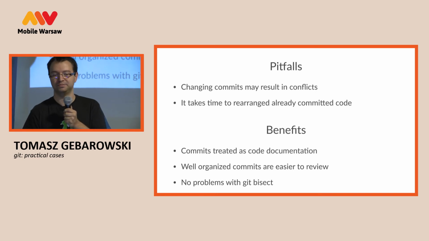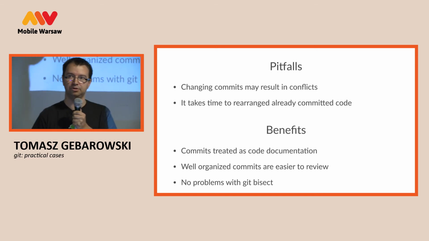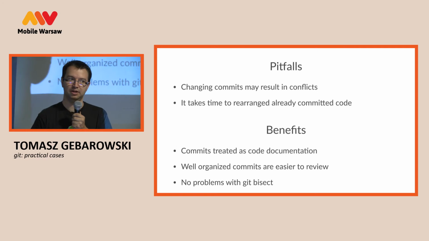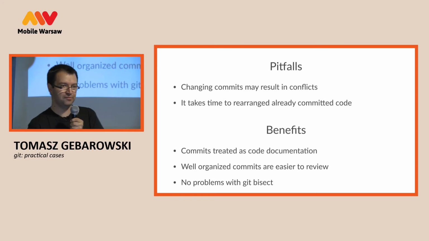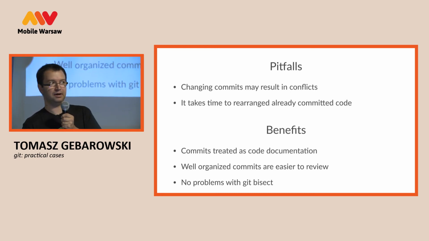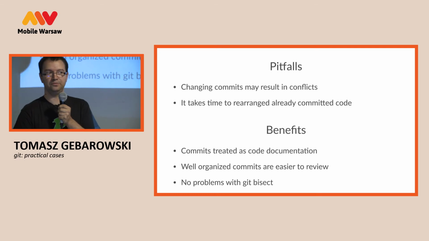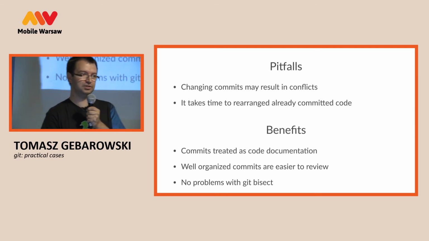update the comments. And when you treat Git history as a way of documenting source code, then when you blame something or when you display some information which is stored in the Git log, it's always up to date because it updates with the source code.